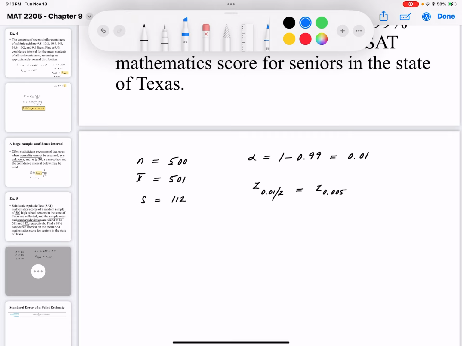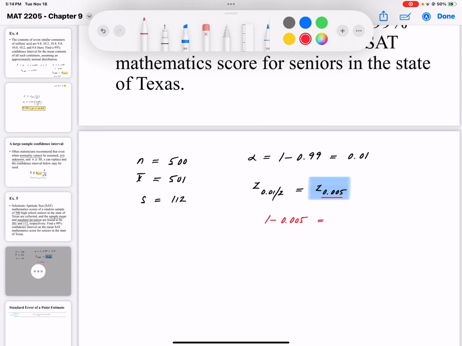Whenever you see z sub alpha notation, this is asking you to find the z-score with 0.005 to its right. The chart only gives us areas to the left. So that's why I have to figure out the area to the left by subtracting the area to the right from 1 and then looking to see which z-score is closest. So clearly we have here 1 minus 0.005, which gives us 0.995.